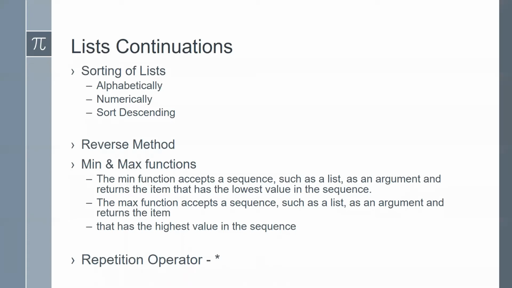So you could sort it alphabetically, if they are numbers, then you can sort it numerically, if they are characters, or names, something like that. And if you have to sort it in a descending way, like 9, 8, 7, 6, 5. So some of you asked, right? So how can I print 4, 3, 2, 1? You could use reverse method too, but you could do sort descending too. Both of them works. So we'll see both of it, how we can use it.